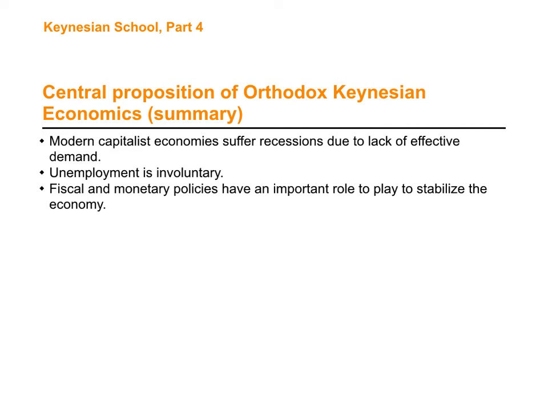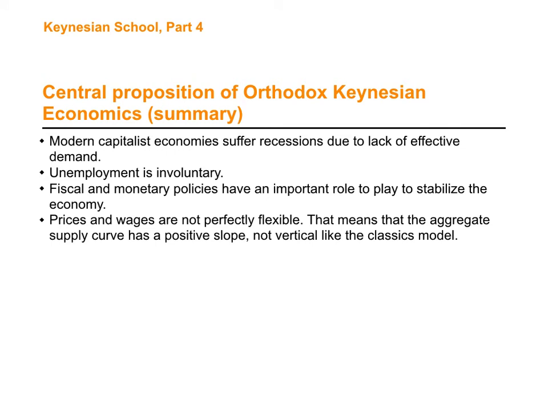Fiscal and monetary policies have an important role to play to stabilize the economy, right? So this is about government spending, monetary policy, and analyzing these elements within the ISLM framework and the implications that this is going to have on the level of employment.